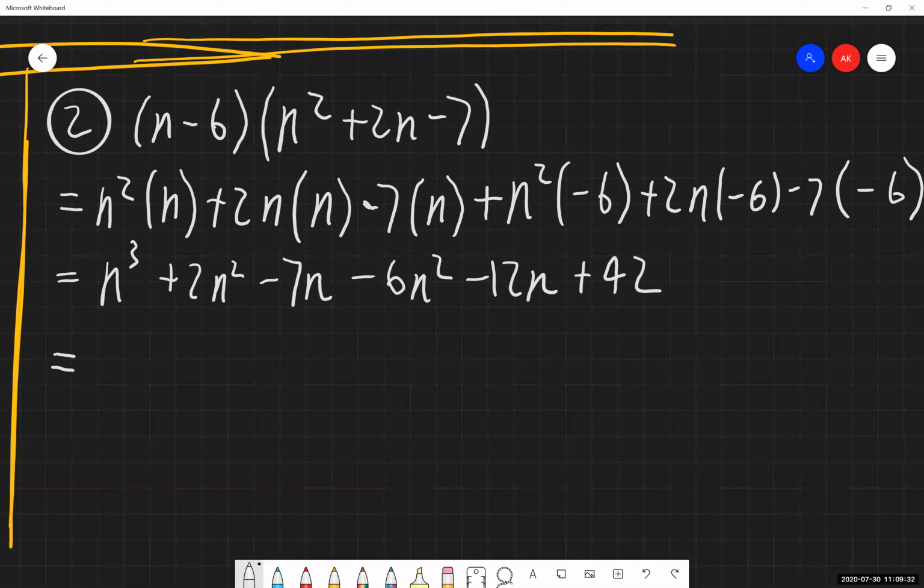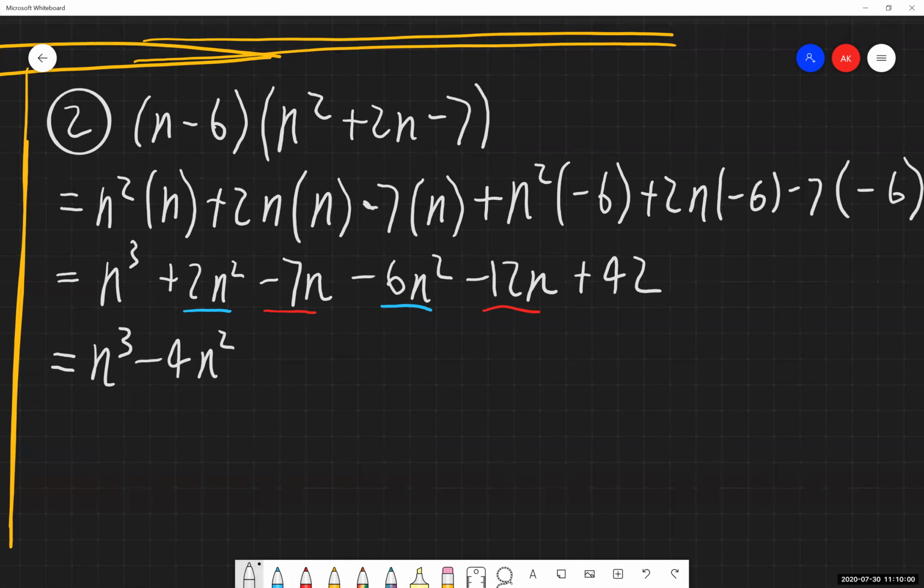But in combining like terms, I can't combine anything with the n cubed. I have an n squared and an n squared here. So I combine those, 2 minus 6, it's going to be -4n squared. And then I have -7n minus 12n.